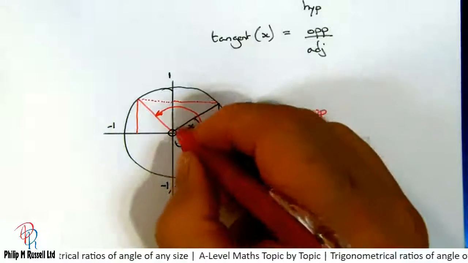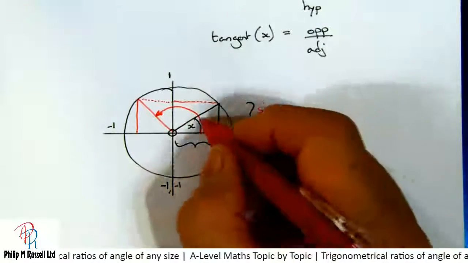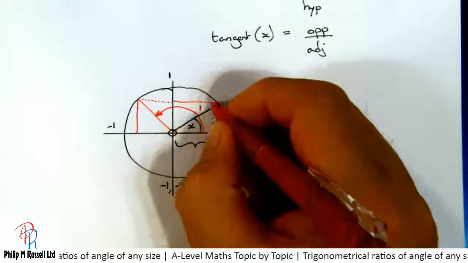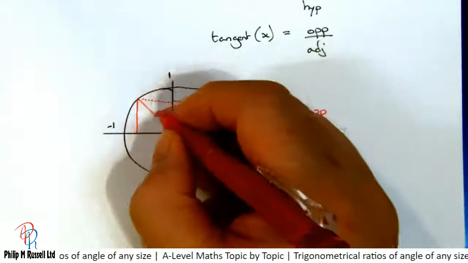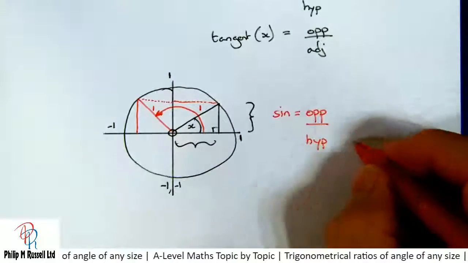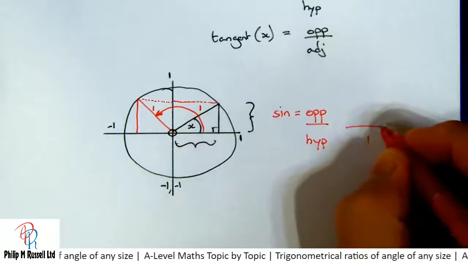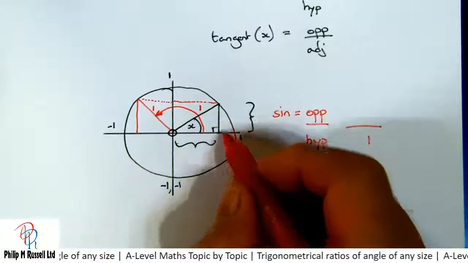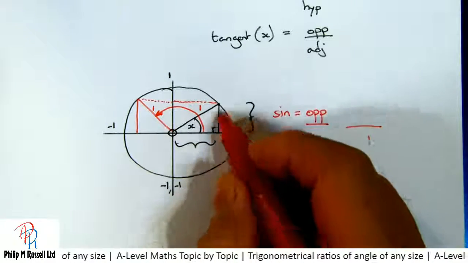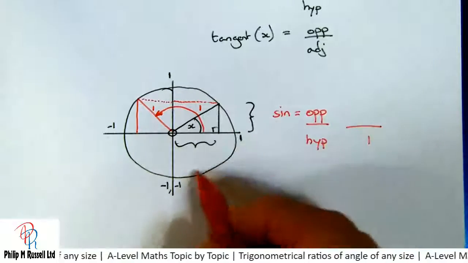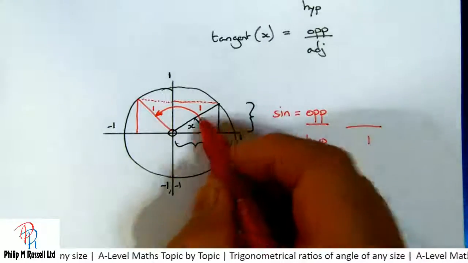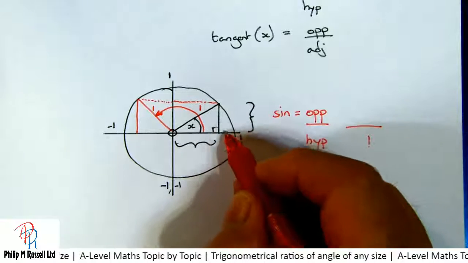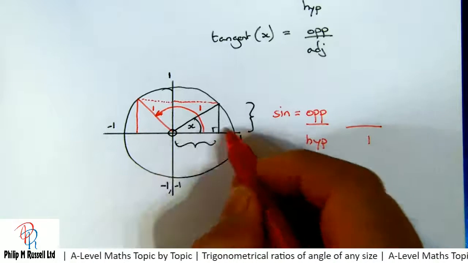Well, this is the hypotenuse, and if I've set this distance to be 1, then this distance is going to be 1 all the time. So the hypotenuse is going to be 1. And if we look at my height here, we've got my hypotenuse. If we look at the opposite here, this is a number, and it's going to start off really low.